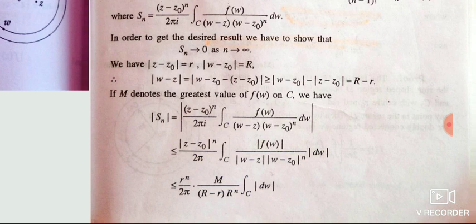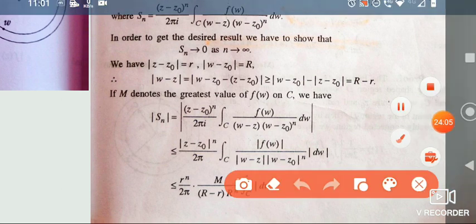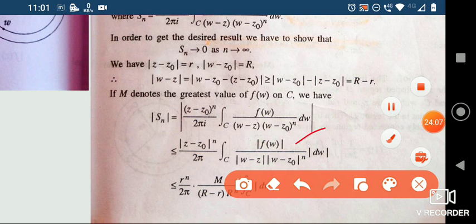Now we'll rename the terms which we know. We know that modulus of z minus z naught is nothing but small r. We don't know what f of w is, because w is an arbitrary point, but we know the maximum value of modulus of f of w is capital M, right?